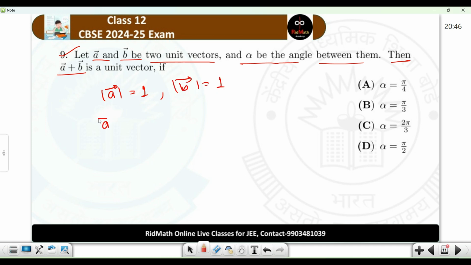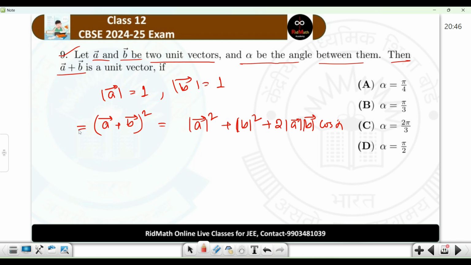Then what is A plus B vector? This will be a unit vector, and mod of A plus B square equals mod of A square plus mod of B square plus 2 mod A mod B into cos alpha, where alpha is the angle between them.